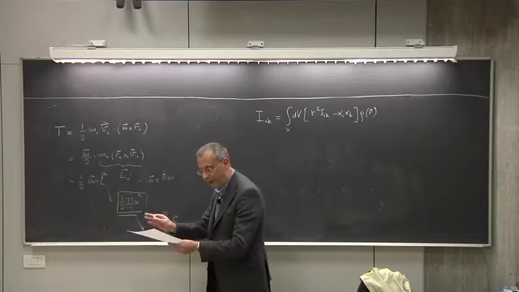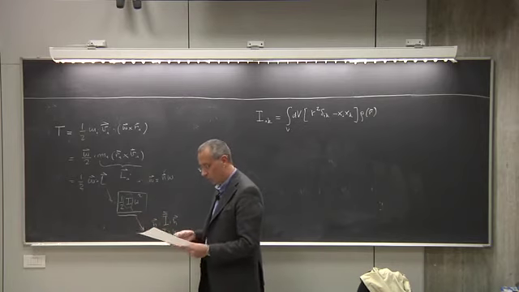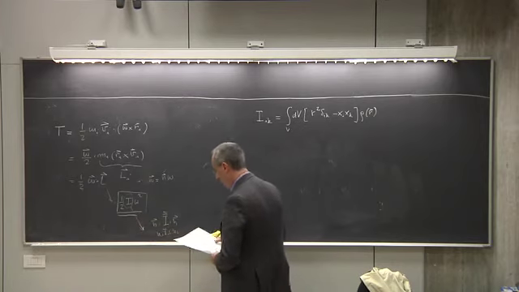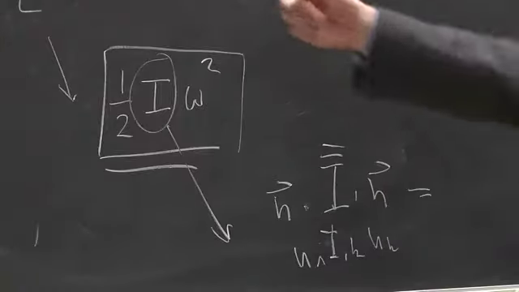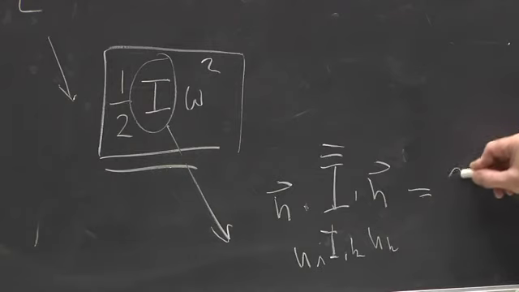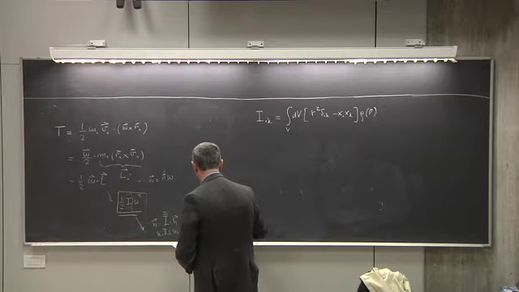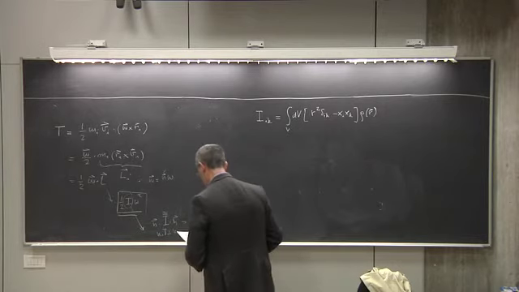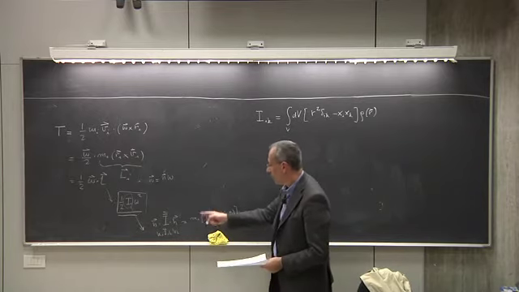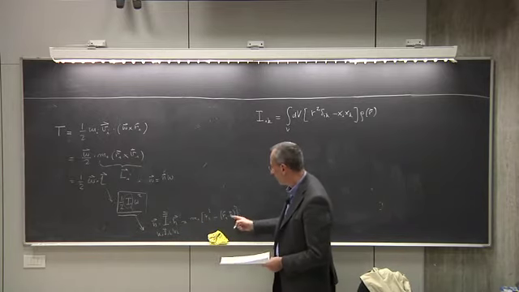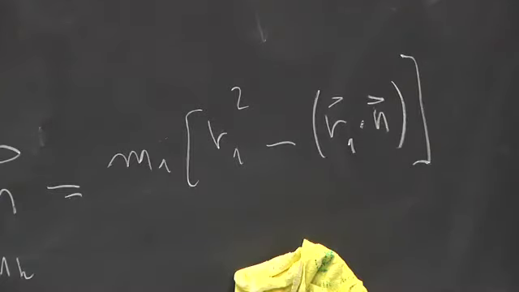You define some axis and then you compute the component of this tensor about that axis. If I plug it back, it is m_i times r_i squared minus (r_i scalar n) squared. So you see it is taking the component of that tensor about this axis n that you define.